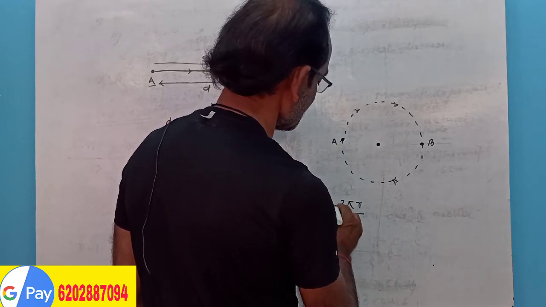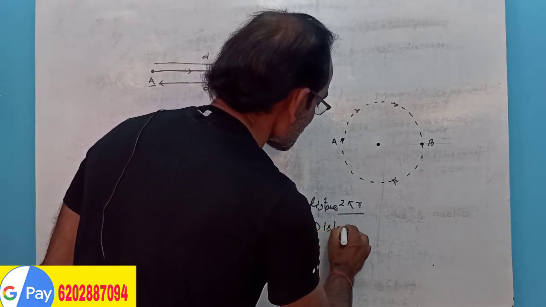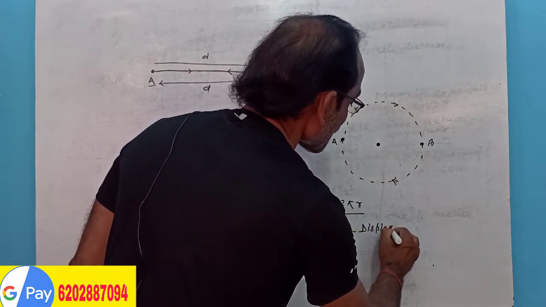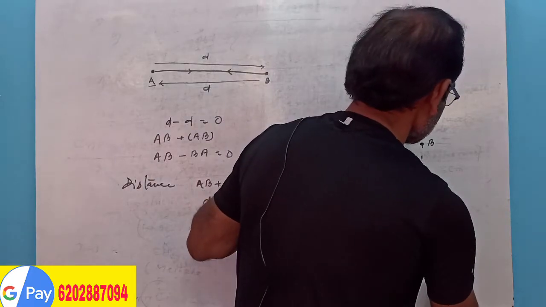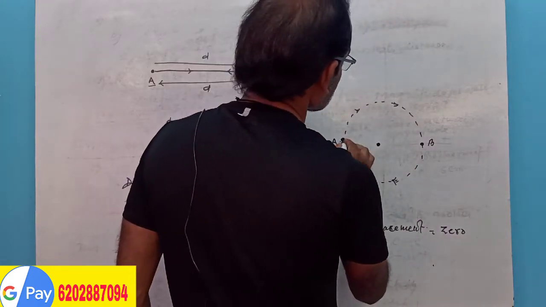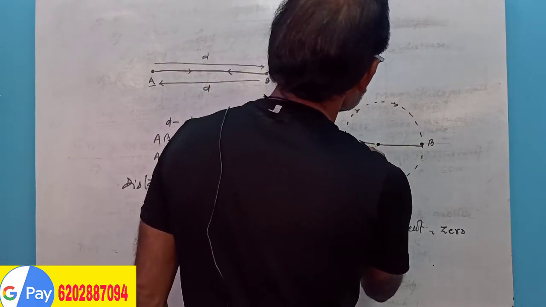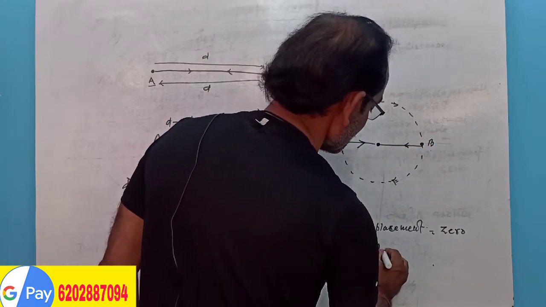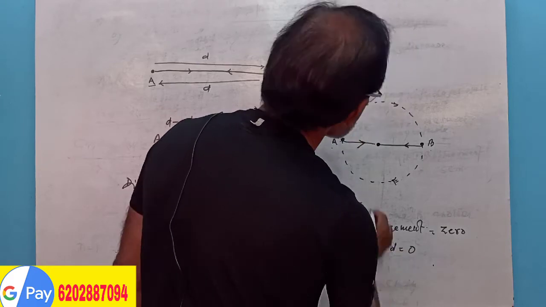Distance is 2 pi r, but displacement of the body becomes 0, because this distance and this distance, the body goes to B and comes back from B to A. Therefore, D, the diameter, D minus D equals 0.